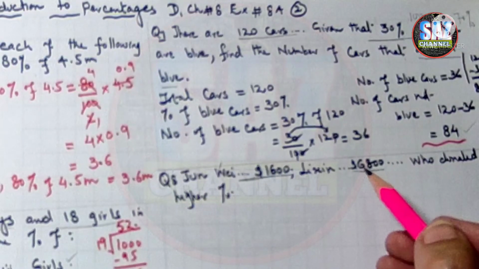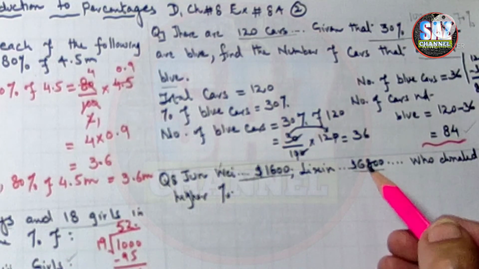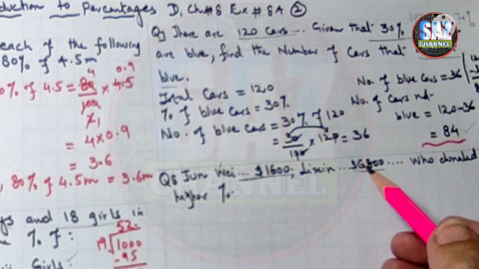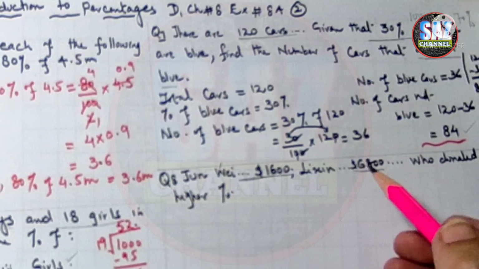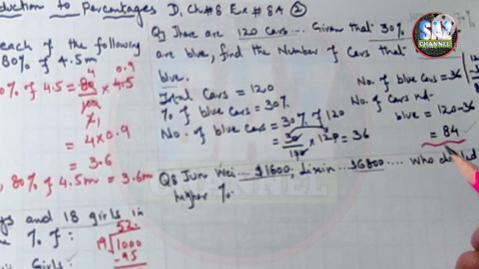In 2012, Janvi donated a total of $1,200 to a charitable organization, while Lixin donated $4,500 to the charitable organization. Who donated the higher percentage of his or her annual income to the charitable organization?